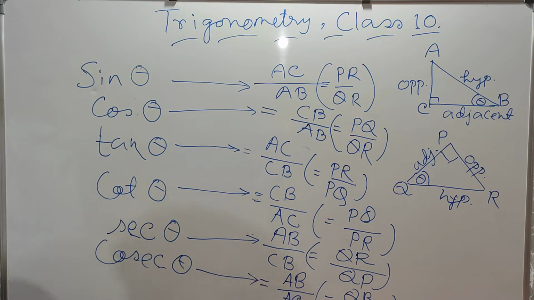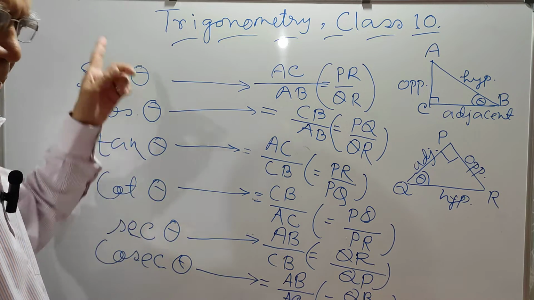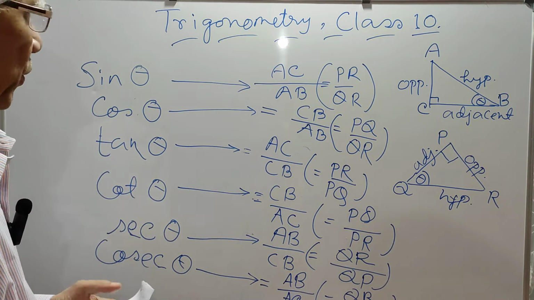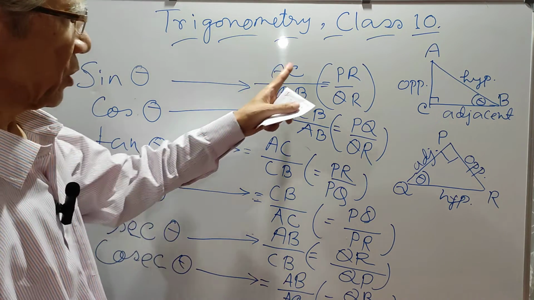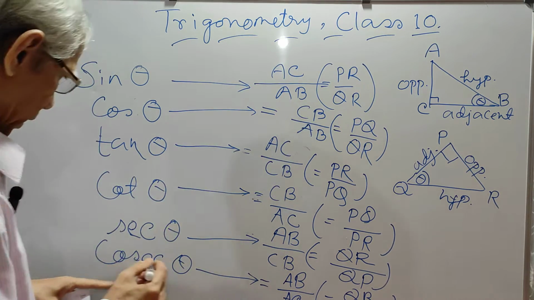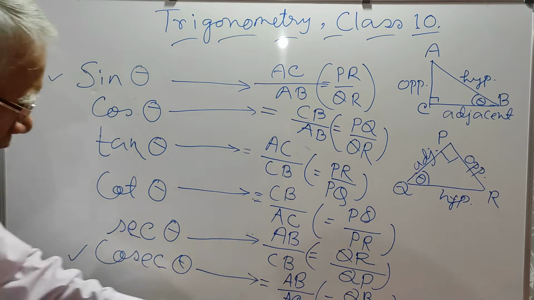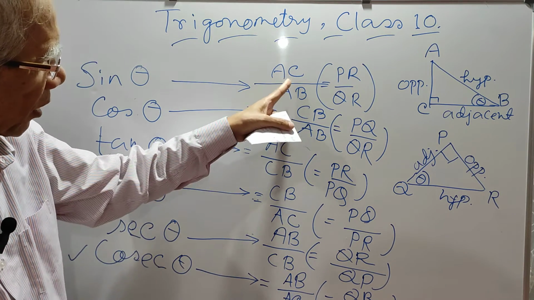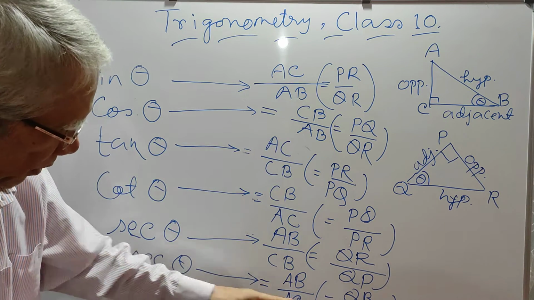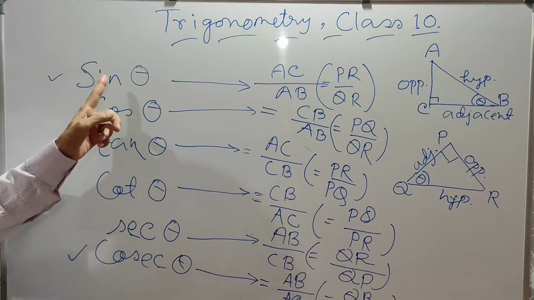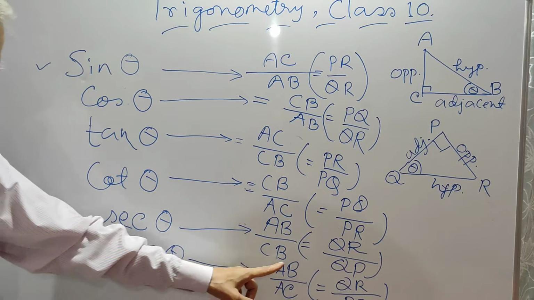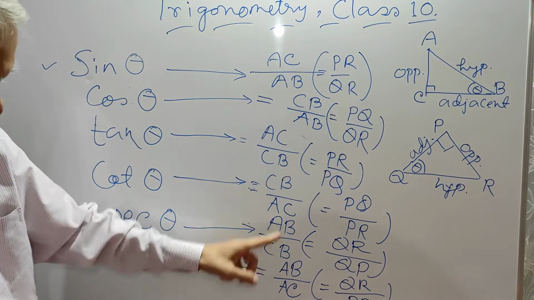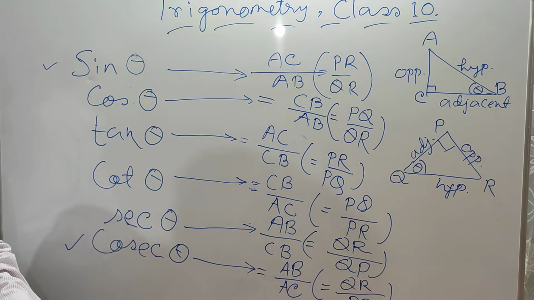Now you see the relation among these 6 trigonometric ratios. Sine theta is AC by AB, and cosec theta is just the reciprocal of this, AB by AC. So AC by AB and AB by AC are reciprocal of each other.